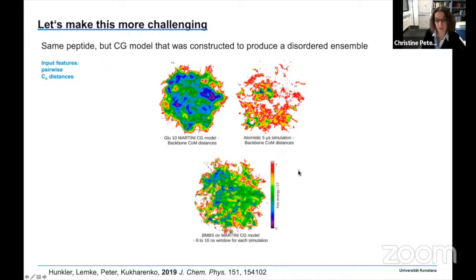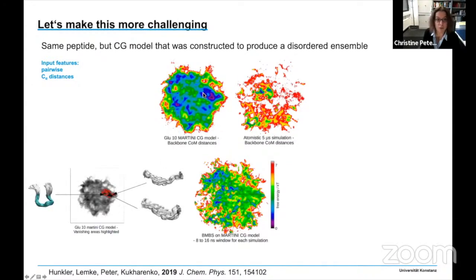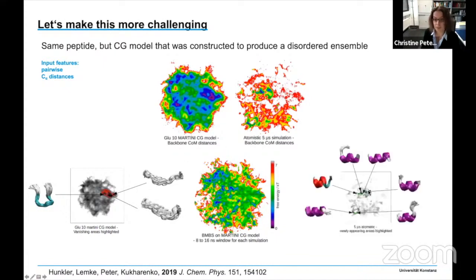So what happens if we run backmapping-based sampling? We see that we are starting out from this coarse-grained reference data, now producing an atomistic simulation set, which on the one hand moves away from this deep free energy minimum over here that has been characteristic for the disordered coarse-grained model, has been moving towards this region here, which is the characteristic atomistic region, and it has been sampling other regions of space as well.